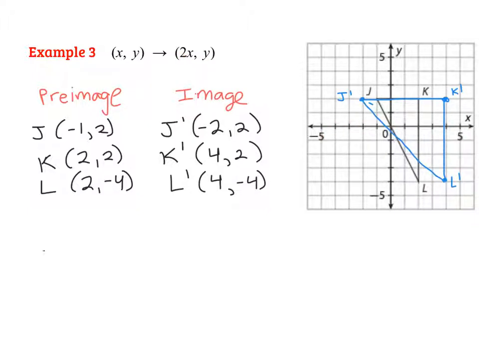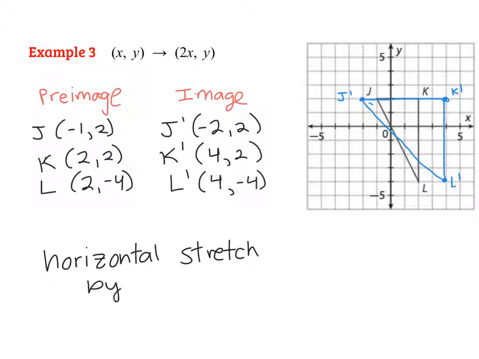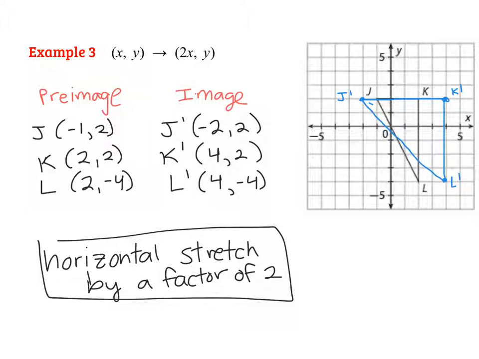So we actually call this a horizontal stretch, and we're going to say by a factor of 2 because we multiplied by 2. Again, it's a horizontal stretch because we only multiplied our x value. Anything done to our x value will be horizontal. It looks like we grabbed the two sides and just pulled them out sideways.